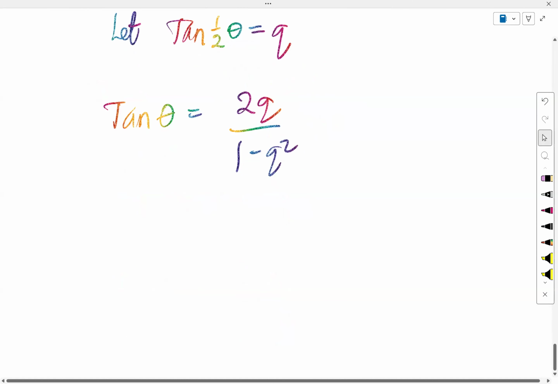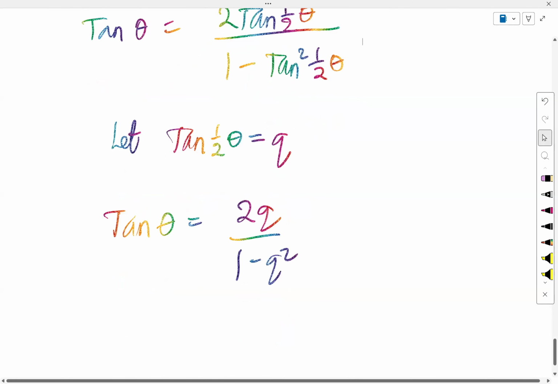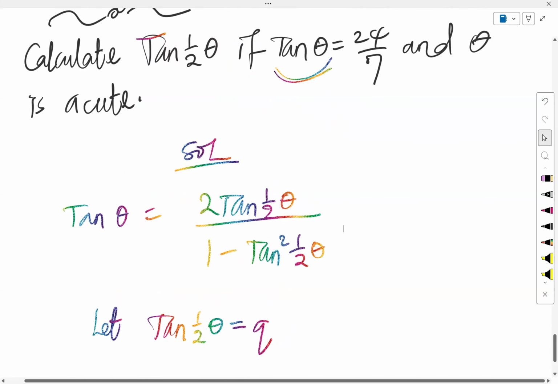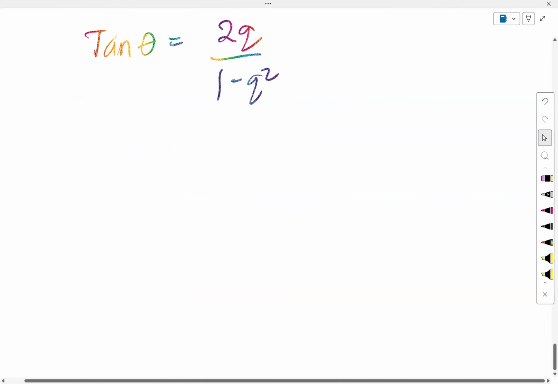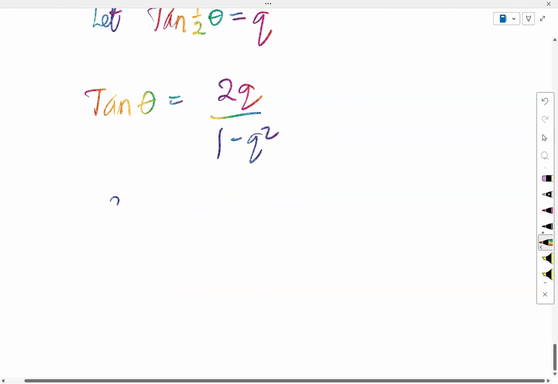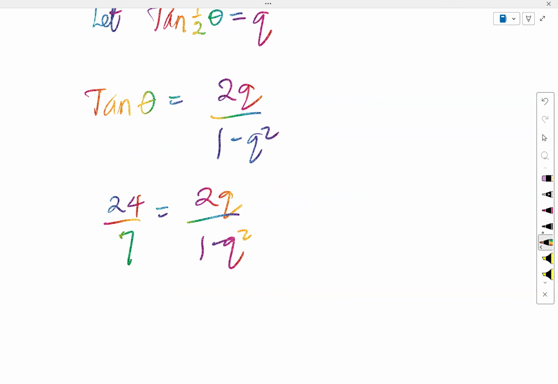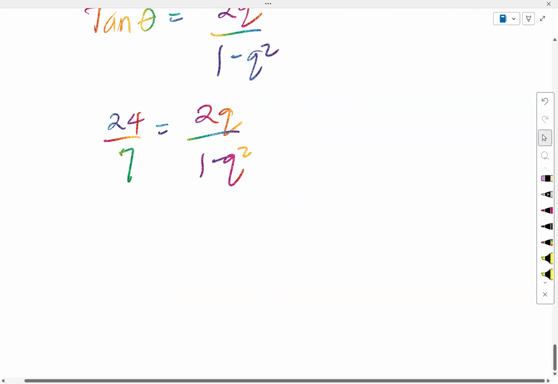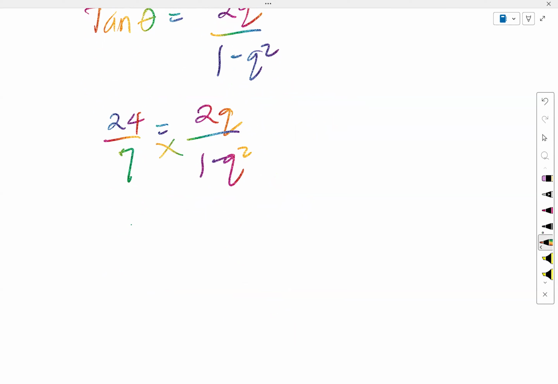Okay. And then we know that tan theta is 24 over 7. So we can actually put that. So we have 24 over 7 equals 2q all over 1 minus q squared. And then we have an equation to deal with. So here we have cross multiplying. We have 7 times 2q equals 24 times 1 minus q squared.